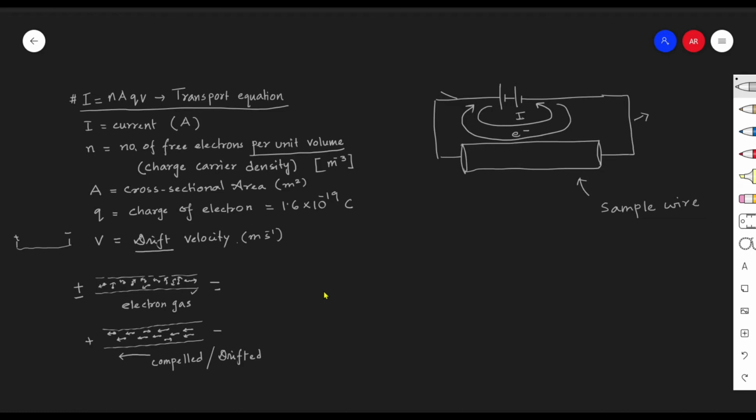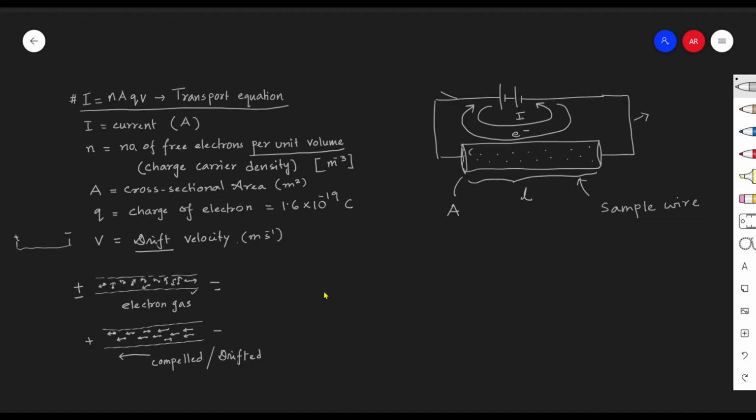So how is this electron moving? It is moving through this wire, and the sample wire we are now talking about has a cross-sectional area A, length L, and the free electrons per unit volume inside this wire is, suppose, n, small n. You see that these are the free electrons.